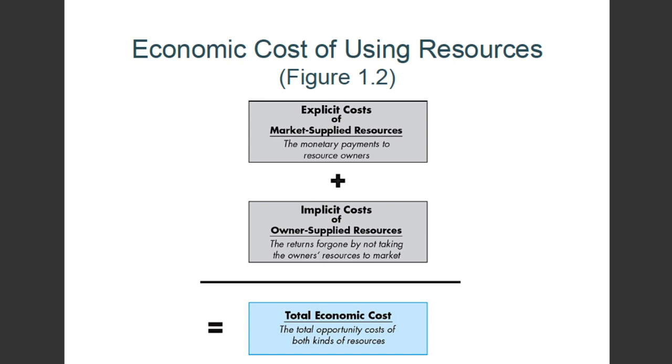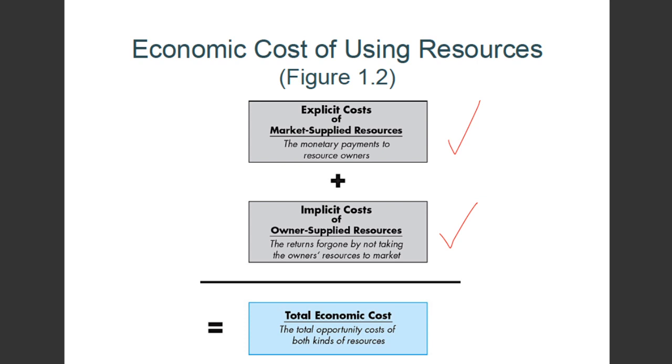So this is all the explicit costs of market supplied resources: the labor, the supplies, the equipment that are purchased. And you would have to add to that those implicit costs. These are returns foregone by not taking the owner's resources to the market.